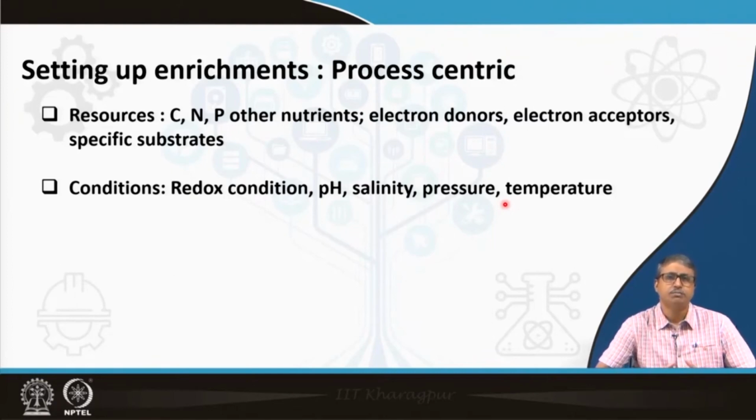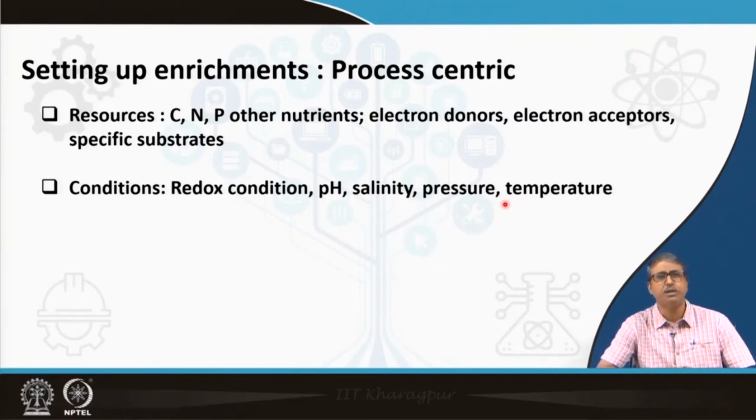The best approach would be to set up an enrichment culture at high temperature and use the carbon and nitrogen sources and other electron donors and electron acceptors which are relevant to the real environment. So, whatever is available in the real environment, try to keep them, try to put them.